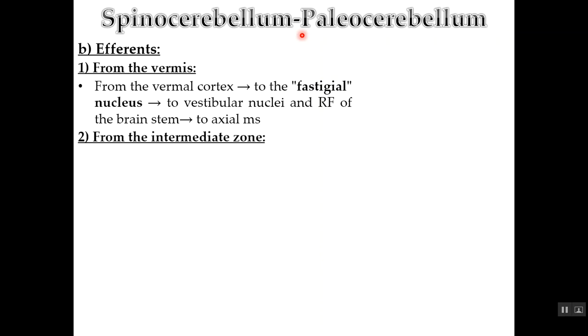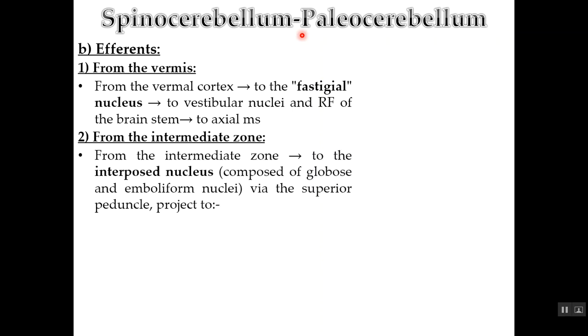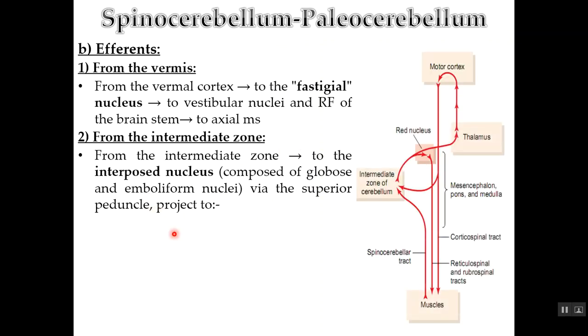From the intermediate zone, or paravermal zone, it will pass to the interposed nucleus, which is composed of two nuclei, globose and emboliform nuclei, via the superior cerebellar peduncle. Where do they project? Again, this is the intermediate zone of the cerebellum.